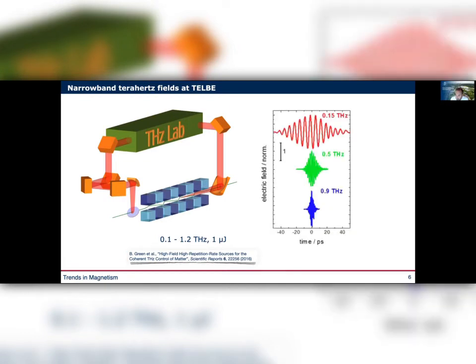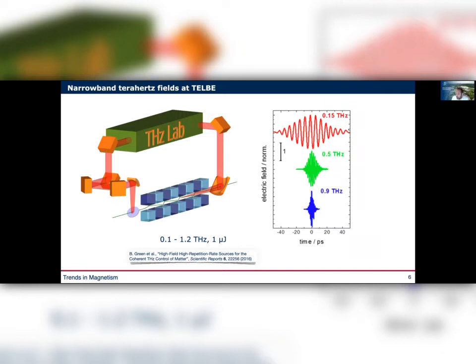And how does it look? You can measure the electric field that you generate with different techniques. But you can see that the emitted field resembles the period of the undulator. Here, I think it was 12 poles, so you have about 12 cycles of oscillation.